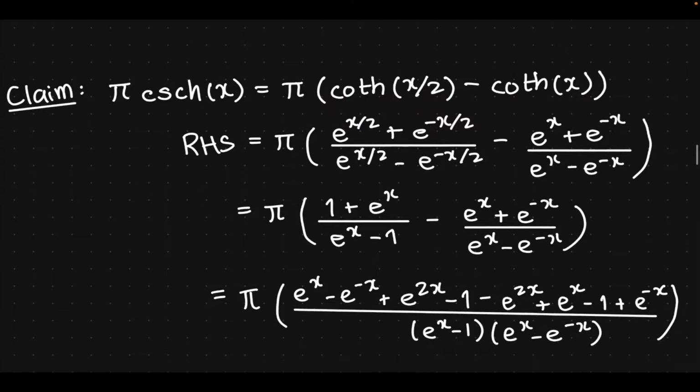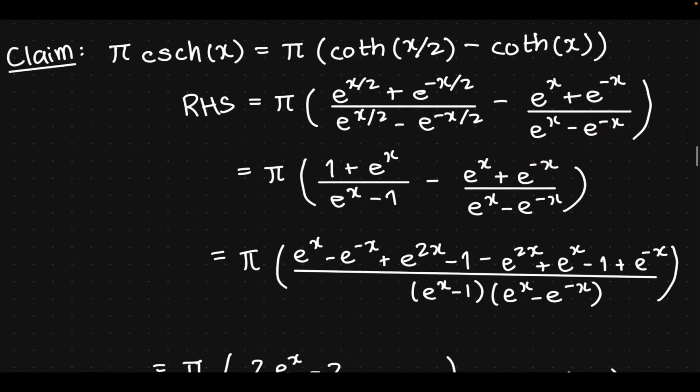Let's prove this claim. So let's take the right hand side. Pi times, now expand the hyperbolic cotangents using their definition. So e to the x over 2 plus e to the minus x over 2 divided by e to the x over 2 minus e to the minus x over 2, minus e to the x plus e to the minus x divided by e to the x minus e to the minus x.